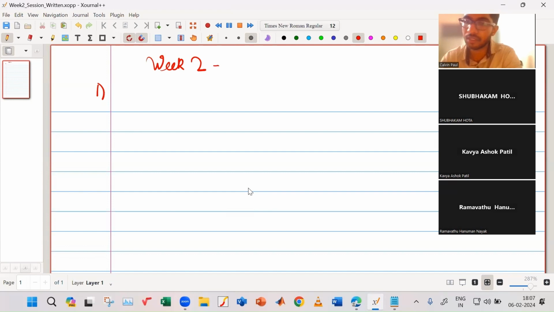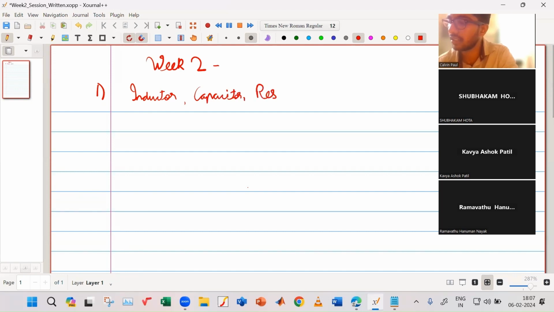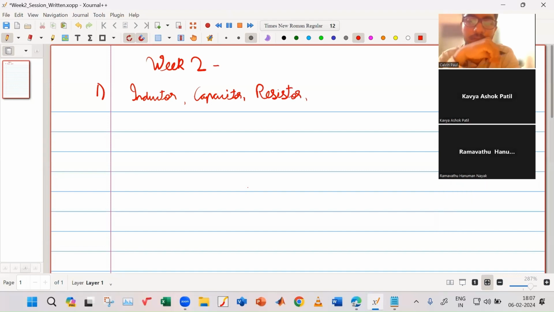Okay, so first we'll consider the inductor. Right now we are considering inductor, capacitor, resistor. What else are in the circuits which have been taught till now?